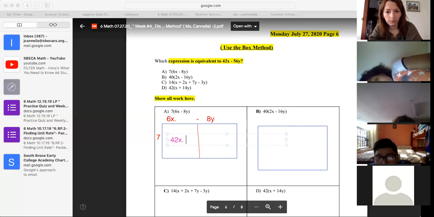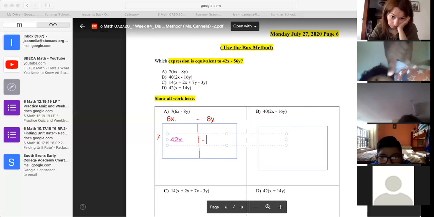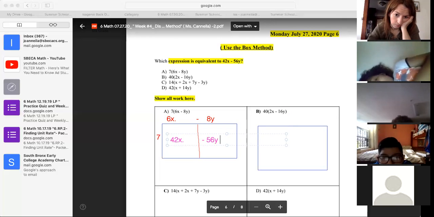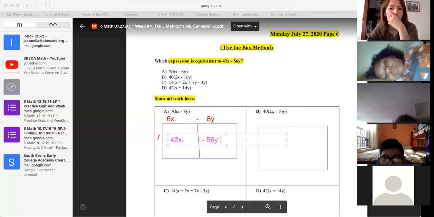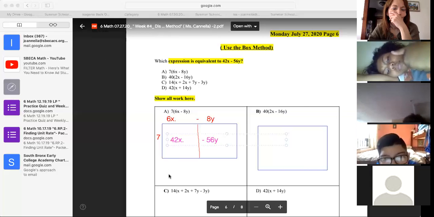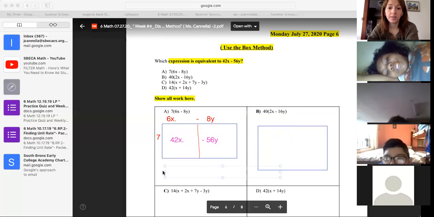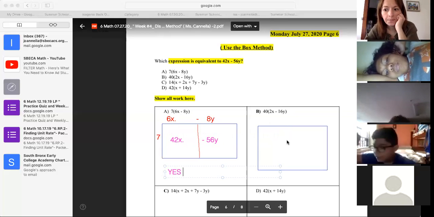And then 7 times 8y equals 56y. So does the pink answer, 42x minus 56y, match the yellow? Is that the same as 42x minus 56y in the question? Yes.